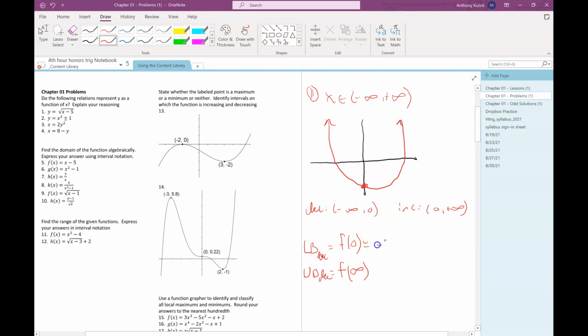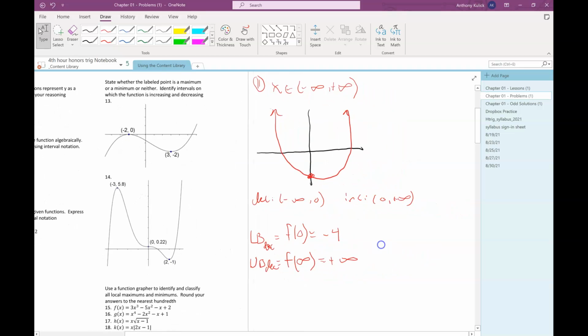So f of 0 is just -4. That's easy, right? And f of infinity is still going to be infinity, right? Infinity squared minus 4 is still infinity. And because this is an upper bound, I know that's going to be a positive infinity. And then for my increasing, I don't switch the bounds.